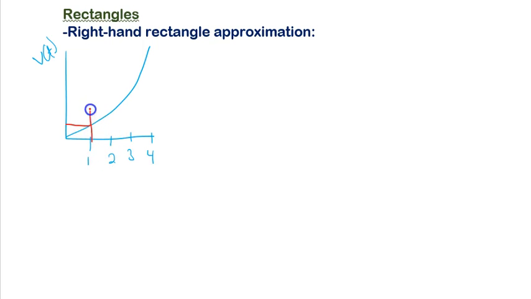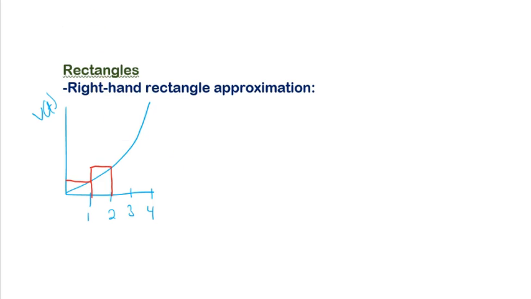Between 1 and 2, I'm going to draw one that touches at 2. And between 2 and 3, I'm going to draw one that touches at 3. Sometimes it's easier if you go up from that particular x value where it's going to touch.